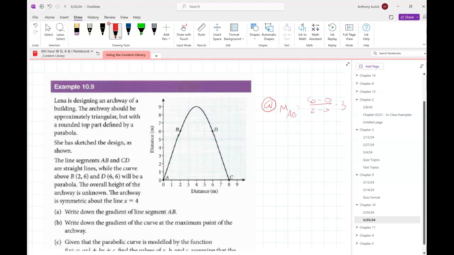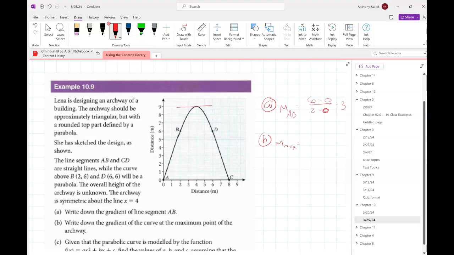So that appears to be 3. Write down the gradient of the curve at the maximum point of the archway. Right? That's the maximum point of the archway. What's that gradient? Yes, of course.